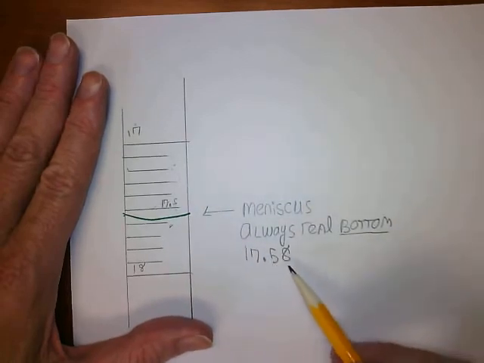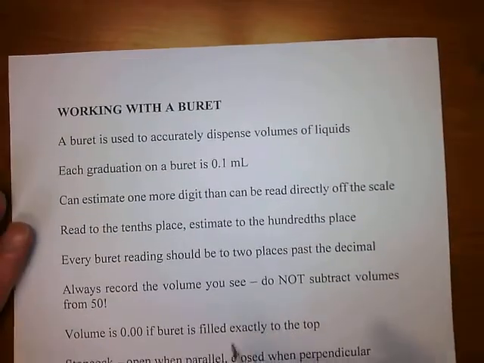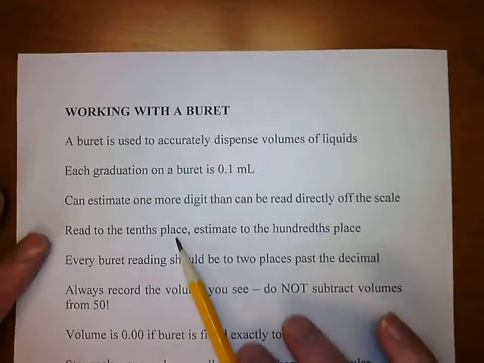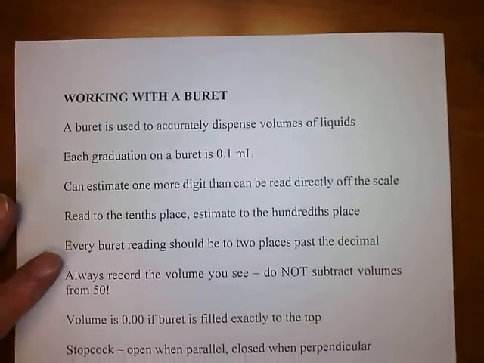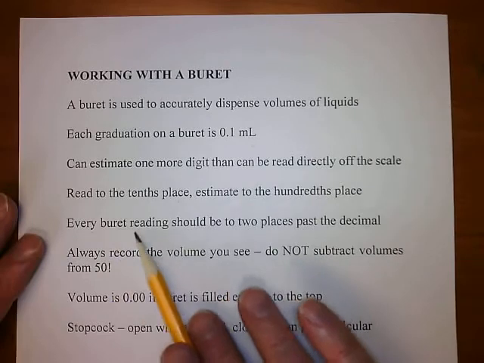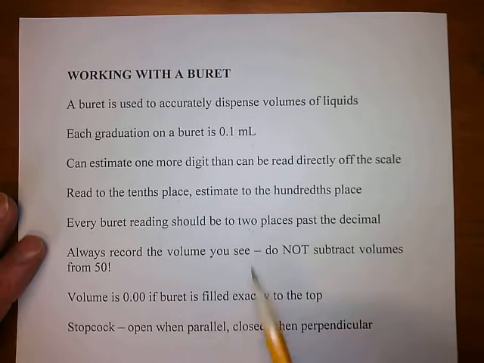I would call it 17.58, but the point is that's 2 places past the decimal. So when you read a burette, you read to the tenths place and estimate to the hundredths place. So every burette reading should be to 2 places past the decimal.